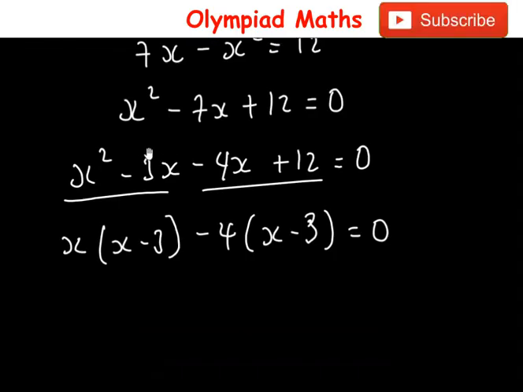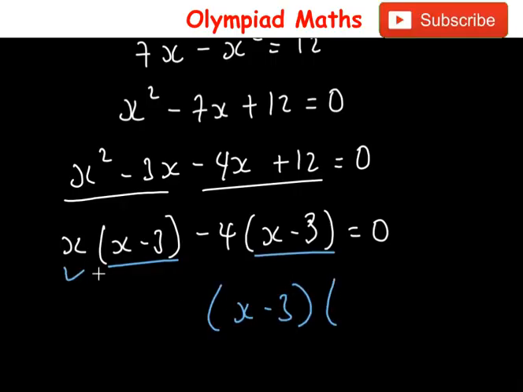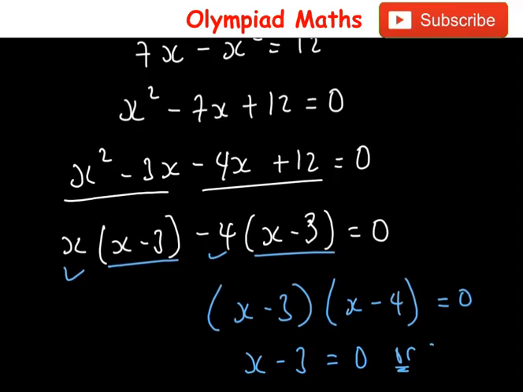So looking at this, we have a common factor, x minus 3. Pick one, x minus 3. Then we have x and minus 4, x minus 4, and this equals 0. So from here, we have x minus 3 equals 0, or x minus 4 equals 0.